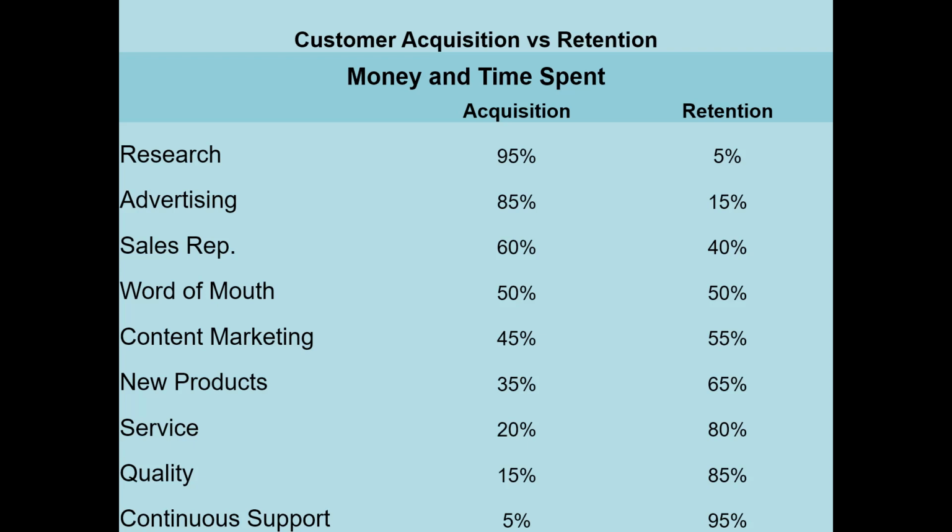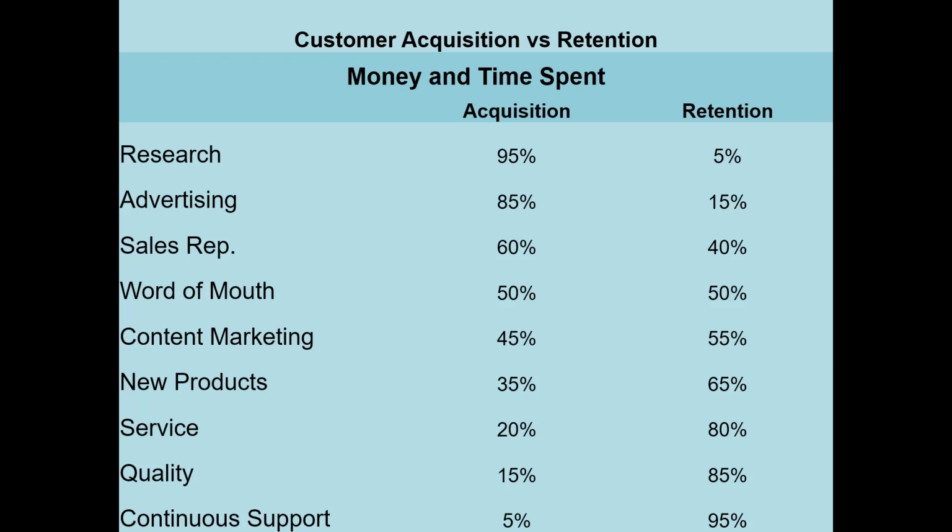And in today's world, the two big parts are word of mouth, 50-50. These are called influencers, and also content marketing. And content marketing has a lot to do with social media and with acquiring customers or retaining customers through showing customers how the product works and how the product is beneficial to them.